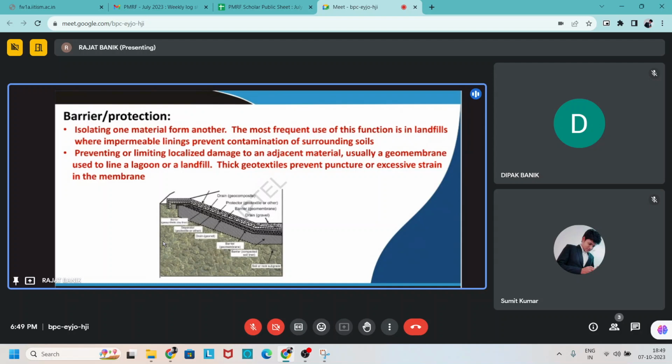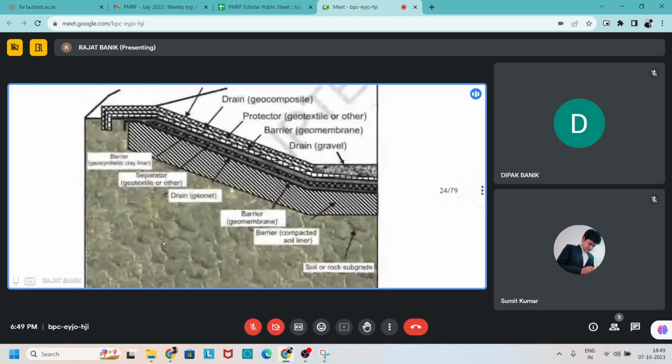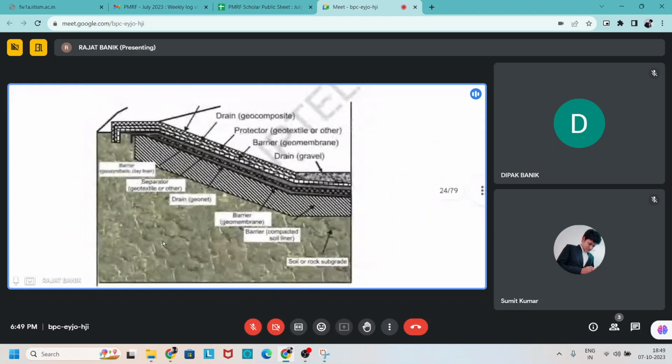You can see the figure also. There is the textile as a barrier. Different geosynthetic materials are used in different ways. For barrier, geosynthetic clay liner is also used. For separator, geotextile is used.